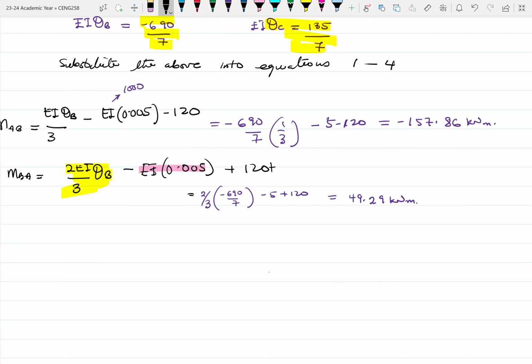Let's confirm. So let's find out MBC. It should be equal and opposite to MBA.